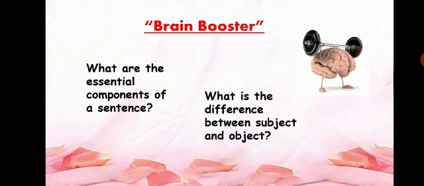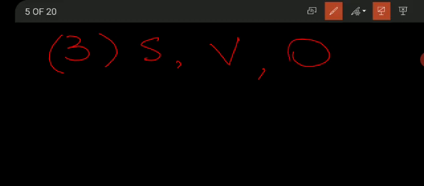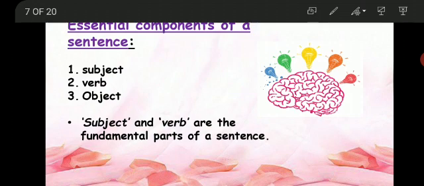Now let's talk about them. There are three essential components of a sentence, which are subject, verb, and object.